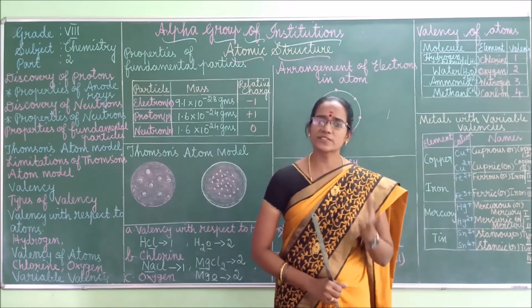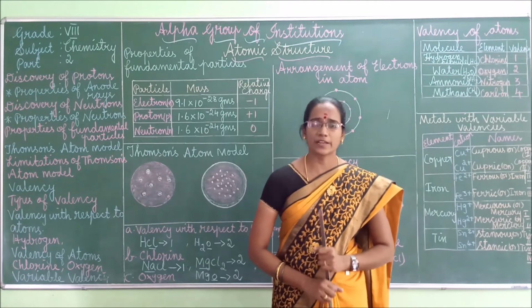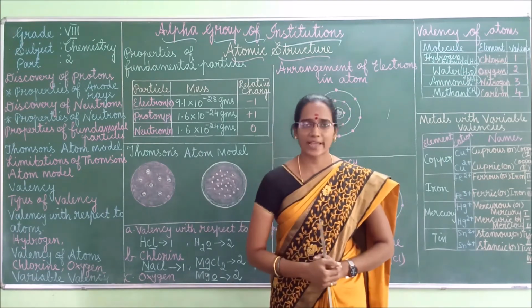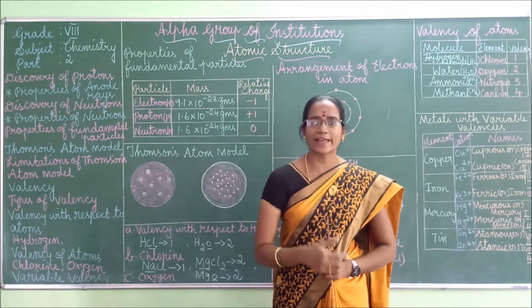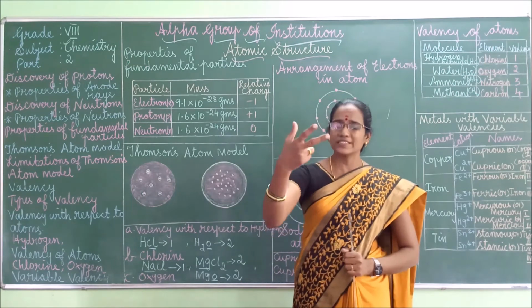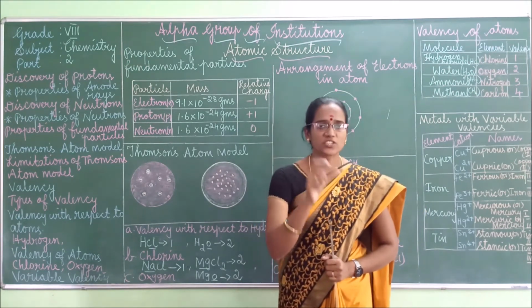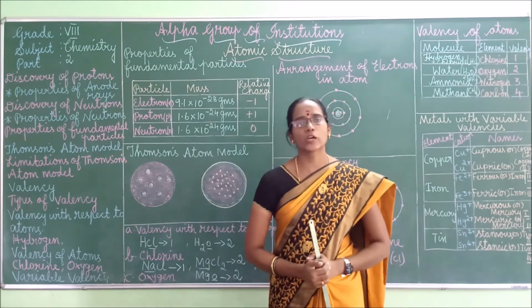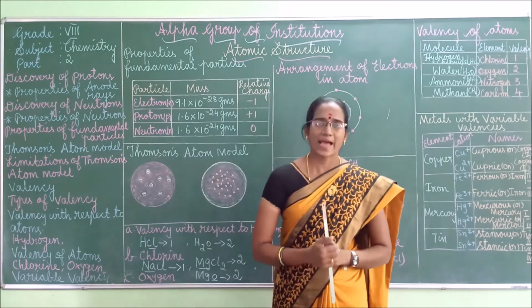So he observed a faint luminous red glow on the wall behind the cathode. These rays were traveling in the opposite direction of the cathode, and hence we call them positive rays, canal rays or anode rays.